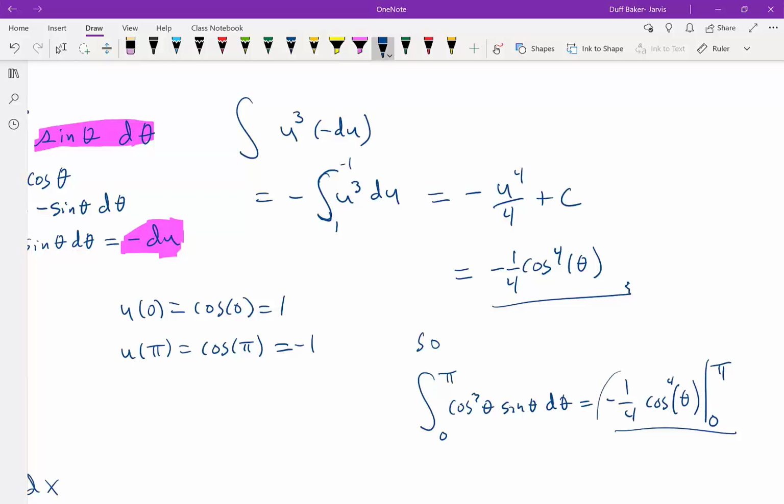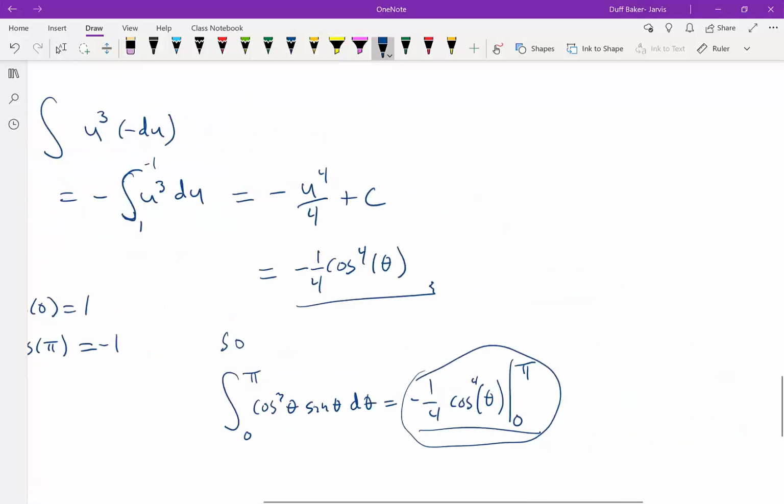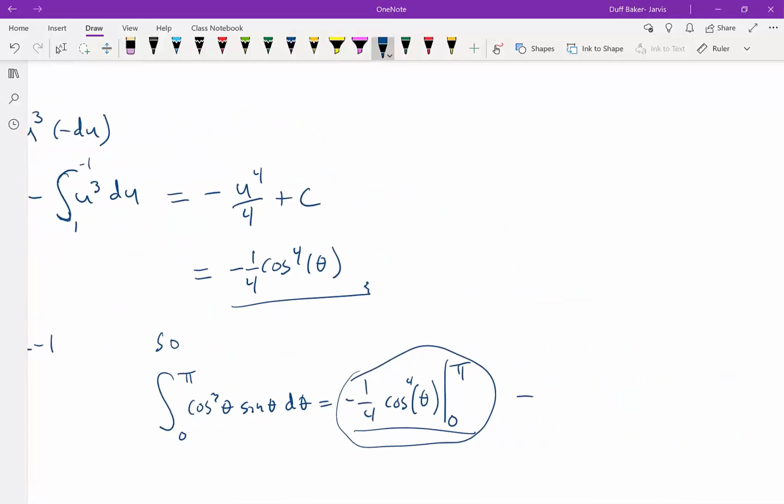But in either case, it should come out to be something like this, which is, what is that? That's minus 1/4 times minus 1 to the 4th minus cosine of 0. So that's 1/4 minus 1/4.